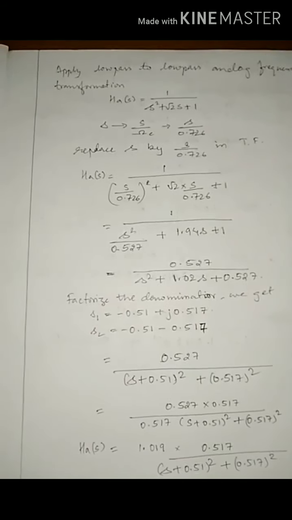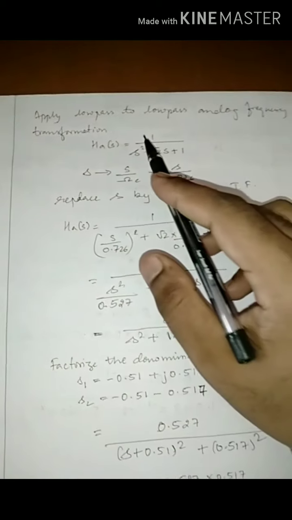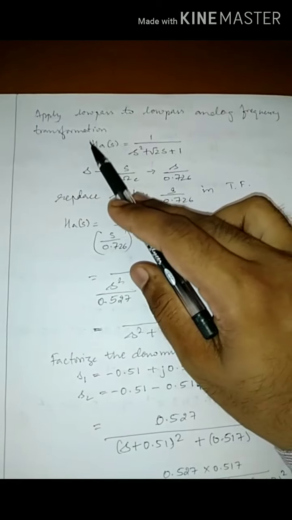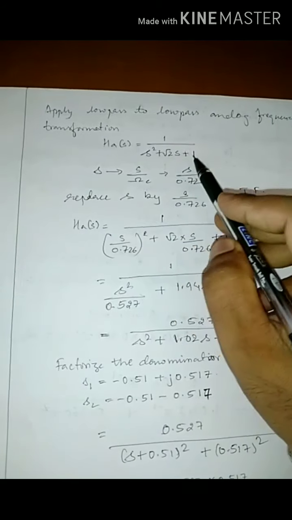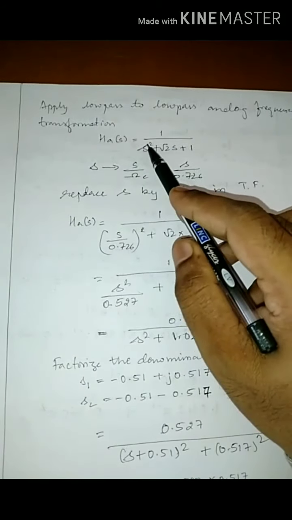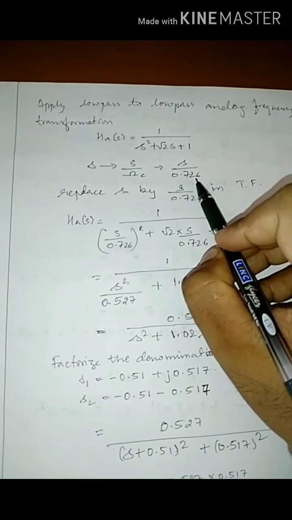Now once the transfer function is found and the value of cutoff frequency is calculated, we need to apply low pass to low pass analog frequency transformation. So here H of s is equal to 1 divided by s square plus root 2s plus 1. So the value of s is replaced by s by omega c. The value of omega c is 0.726.